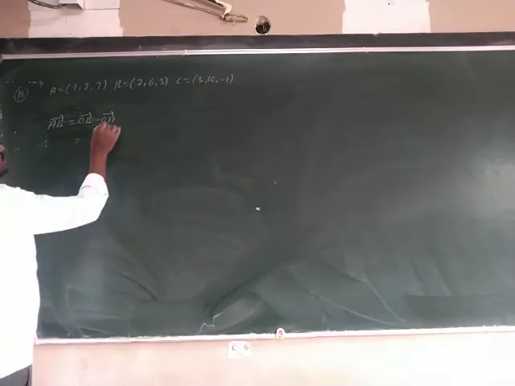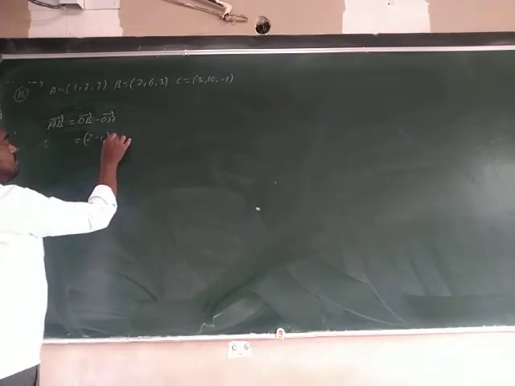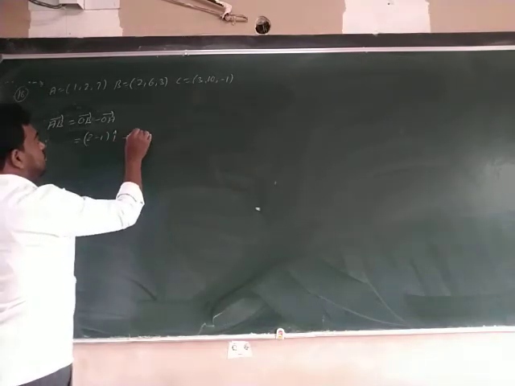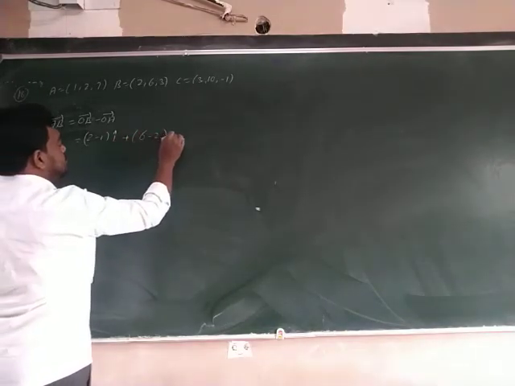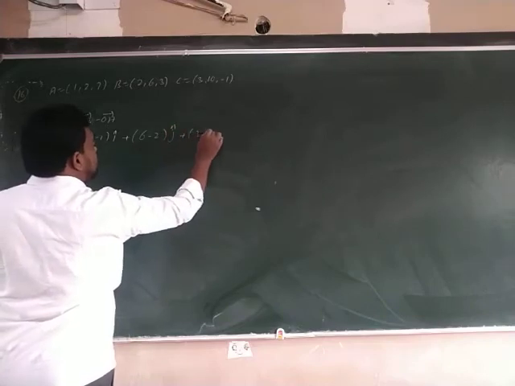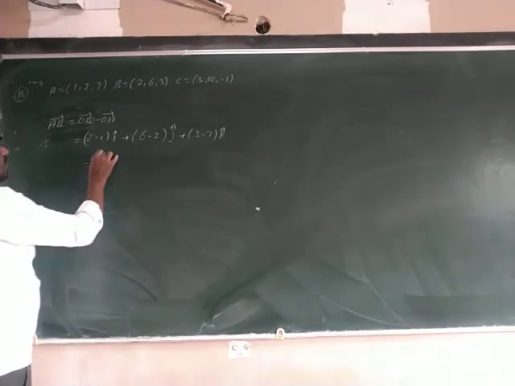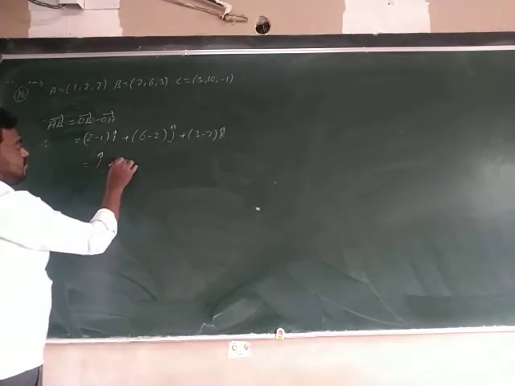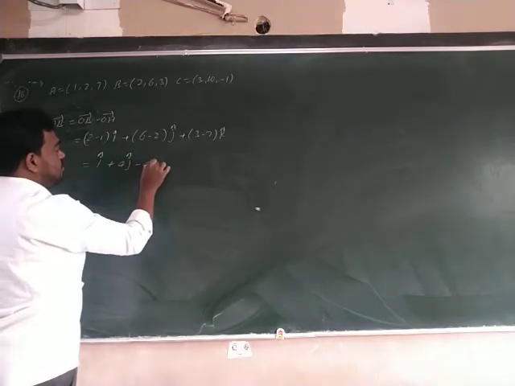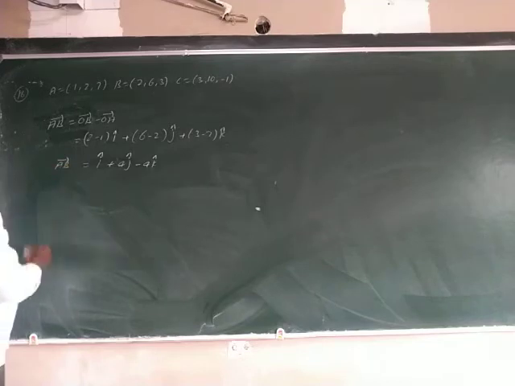So that is 2 minus 1 into I cap, that is x2 minus x1 into I cap, plus y2 minus y1 into J cap, 6 minus 2 into J cap, plus 3 minus 7 into K cap. This is I cap plus 4J cap minus 4K cap, which is vector AB.